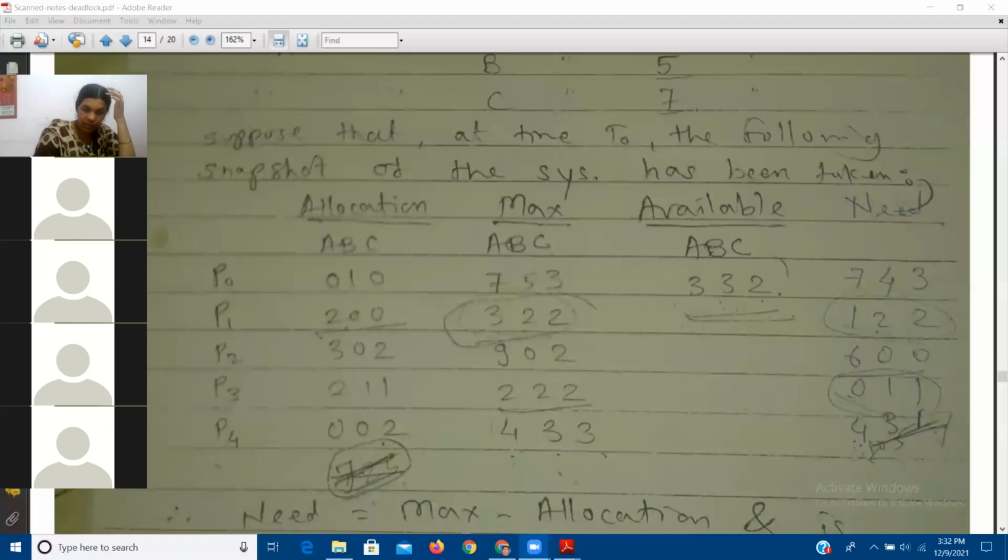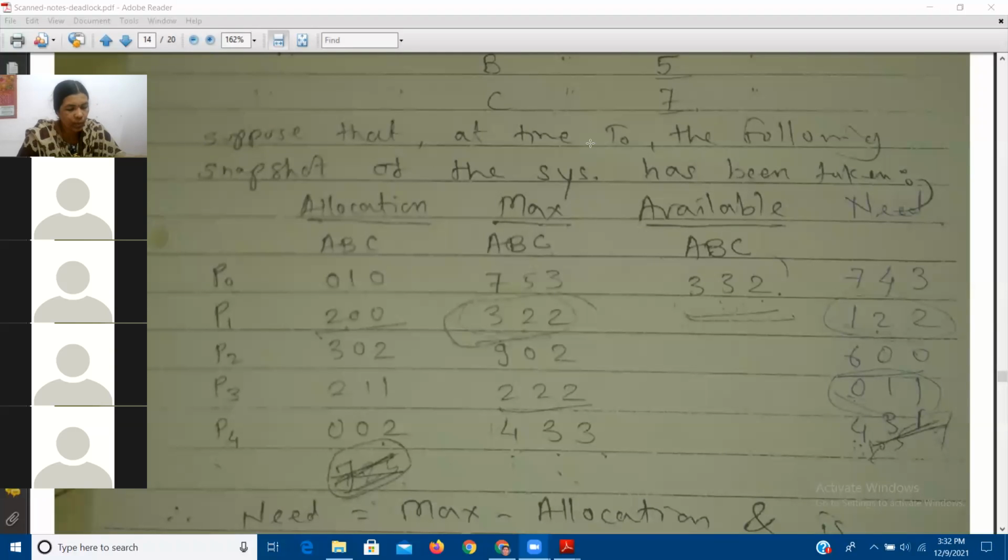If anybody is having doubt, they can ask. Otherwise, we'll go ahead. So total 4 sequences we calculated. I have calculated one. Rahul has calculated another one. Vedangi and Sneha Maskar, they calculated 2 more. So total 4 safe sequences we calculated.